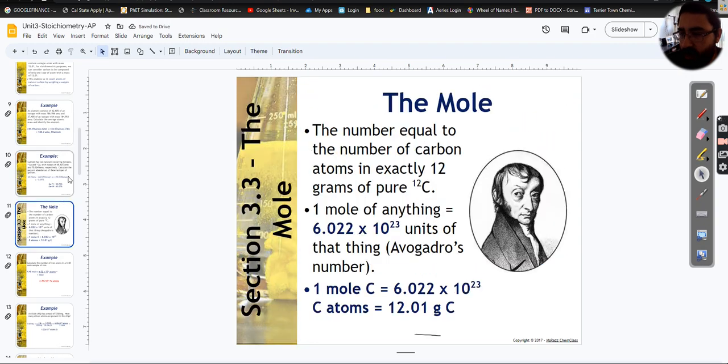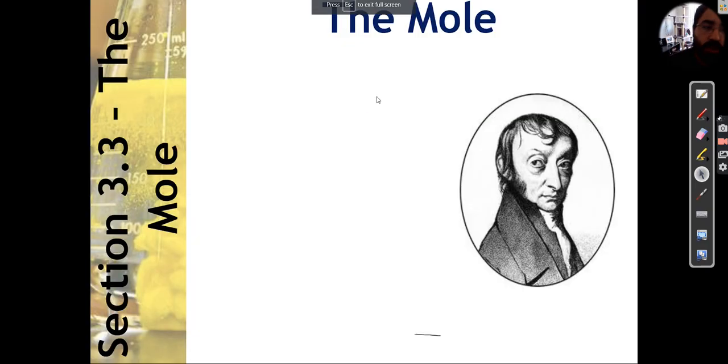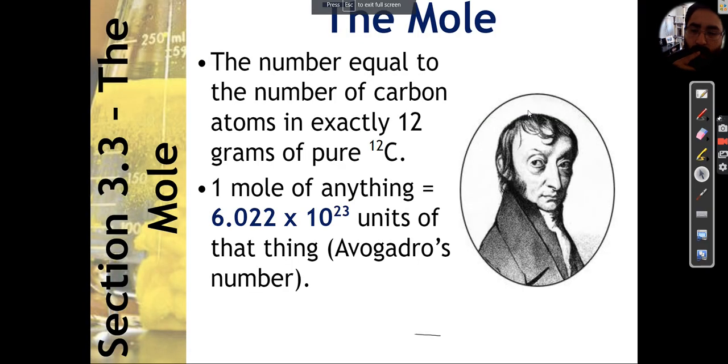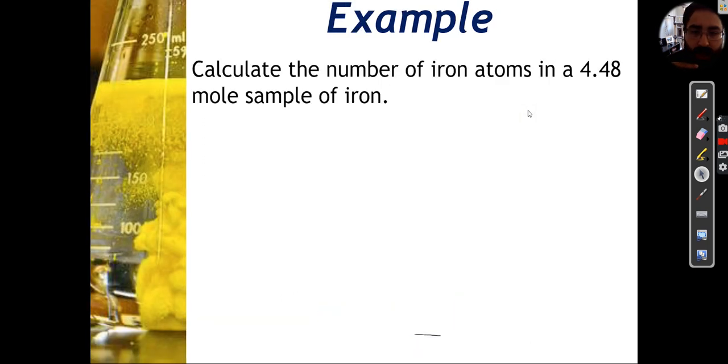Let's actually show. I think stoichiometry makes a little bit more sense once you actually begin to practice it, and then practice, and it's just one of those things you have to practice. So, for example, let's take a look at this problem here. Calculating the number of iron atoms.